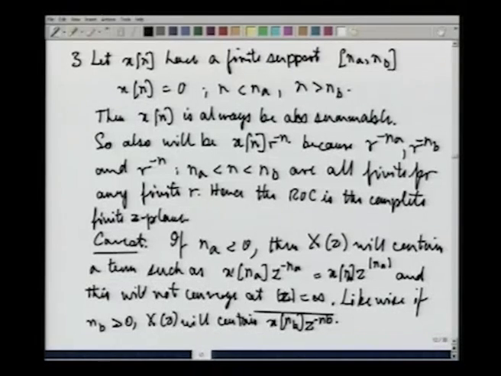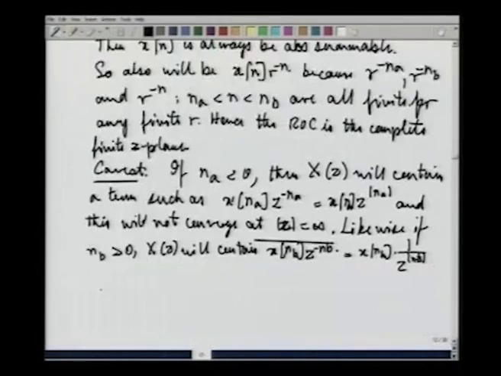So you have x[n b] times 1 by z to the power mod n b, which will not converge at mod z equal to 0.